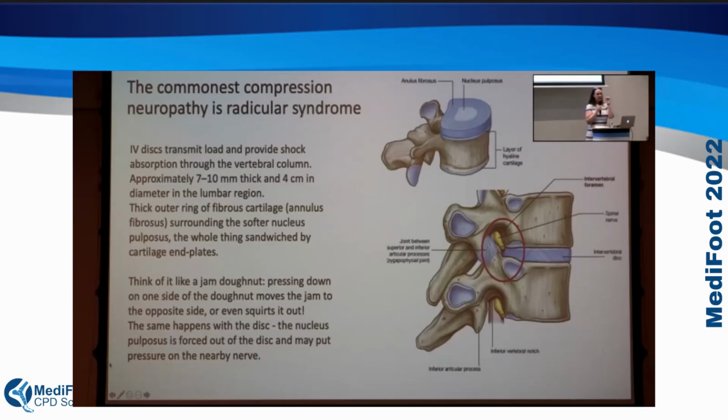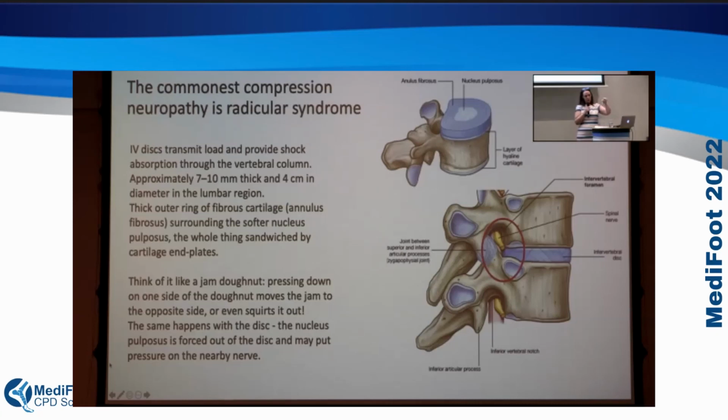Right up the top in your neck, they're only a few millimeters thick and maybe 2, 3, 4 centimeters across at the most. So they do change, but it's sensible that the lower down it is, the bigger it's going to have to be to deal with all the body weight. Down at the bottom, these discs are really, really big and thick.